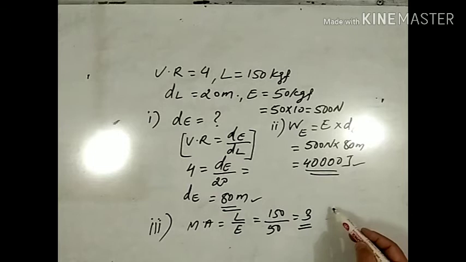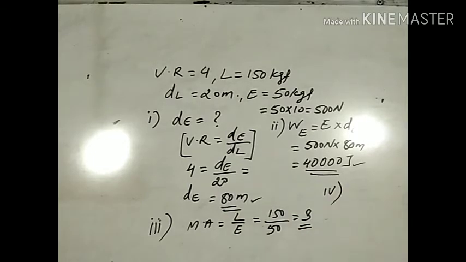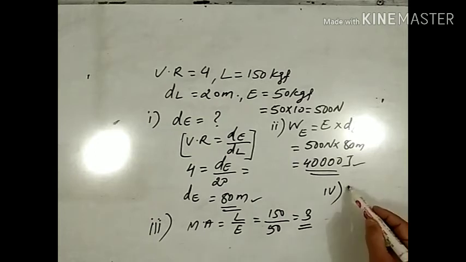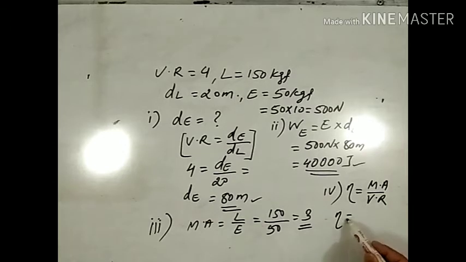The fourth part of the question, I am solving here. You have to calculate the efficiency. Efficiency eta is equal to mechanical advantage upon velocity ratio into 100. You know the formula. All quantities are given. Mechanical advantage is 3, velocity ratio is 4.